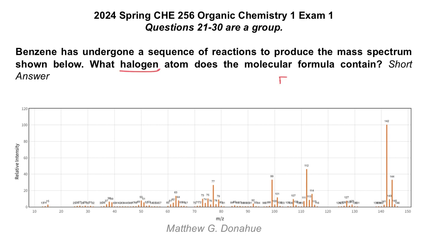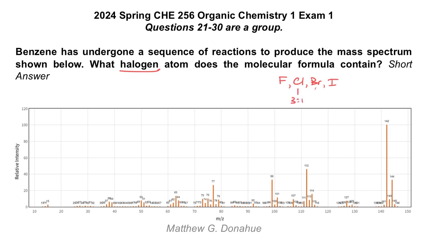So that's F, Cl, Br, or I. We learned that F and I are not really indicative in mass spec in the parent region, but chlorine and bromine are.